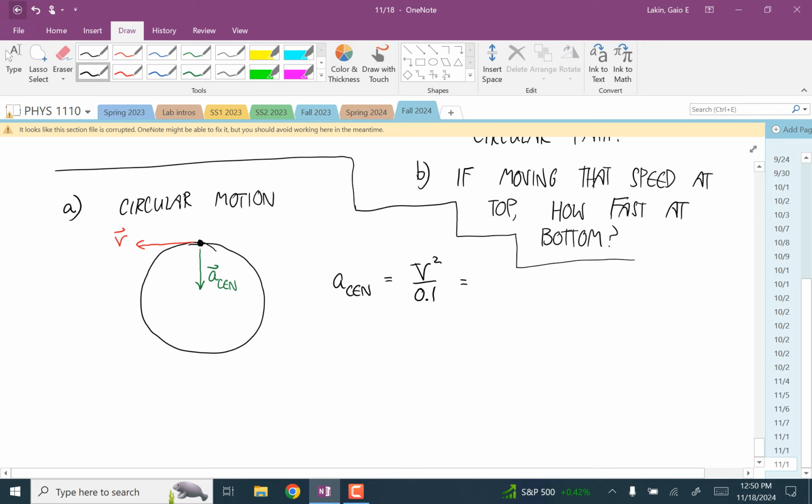So to simplify it, I'm just going to write this as 10 v squared. We can see that that's in the negative y direction. So our total centripetal acceleration is 0, negative 10 v squared. And since there's no tangential, this is also equal to our total acceleration.